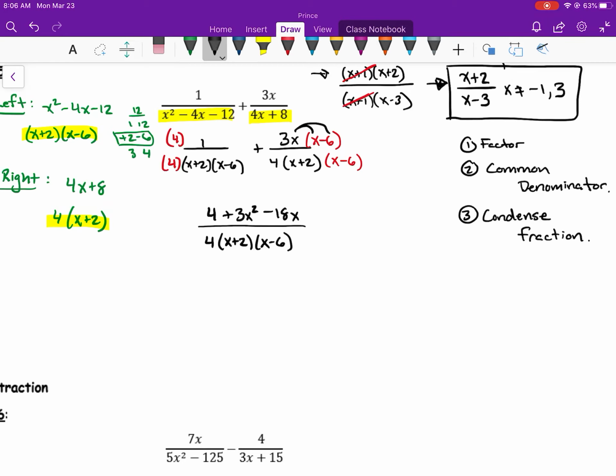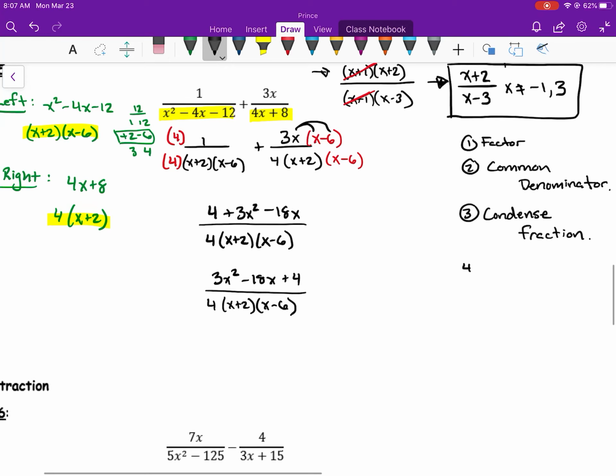Clean it up again, reorganize the top. So 3x squared minus 18x plus 4, all divided by 4 times x plus 2 and x minus 6. Simplify if we can.